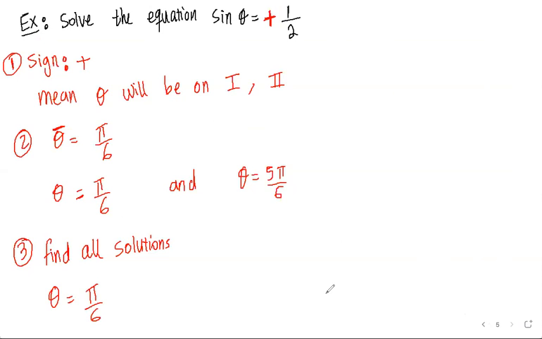I have to add 2 pi times k. K is an integer number, like 0, 1, 2, 3, 4, 5, 6, or negative, -1, -2, -3. So all these angles, if I plug them inside the sine, will always give me 1/2 positive. And the second angle is 5 pi over 6 plus 2 pi k.